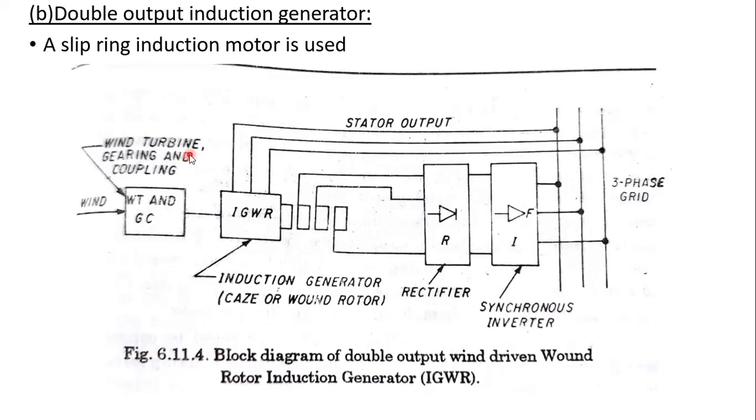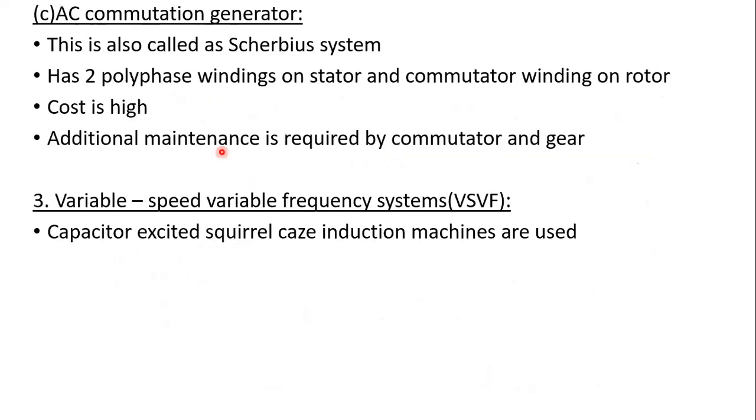The first one is the AC-DC link, the second is the double output induction generator, and the third one is AC commutator generators.